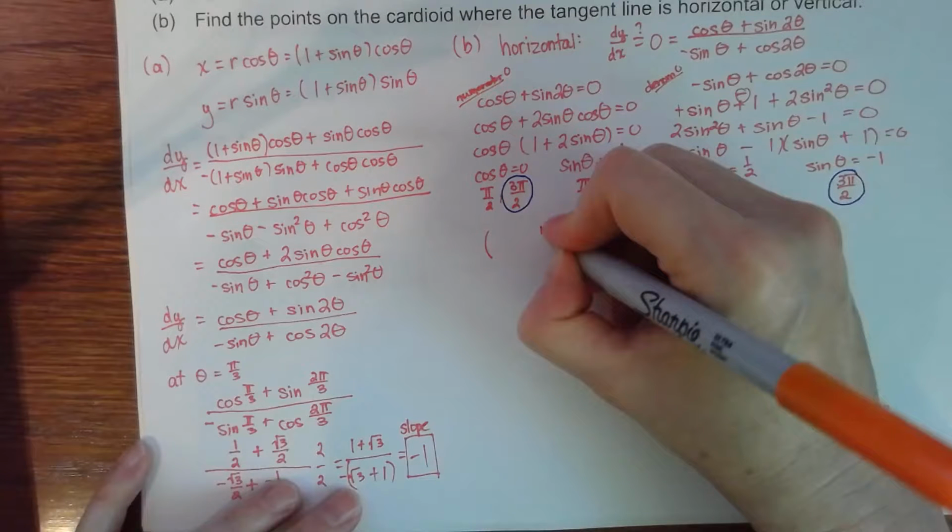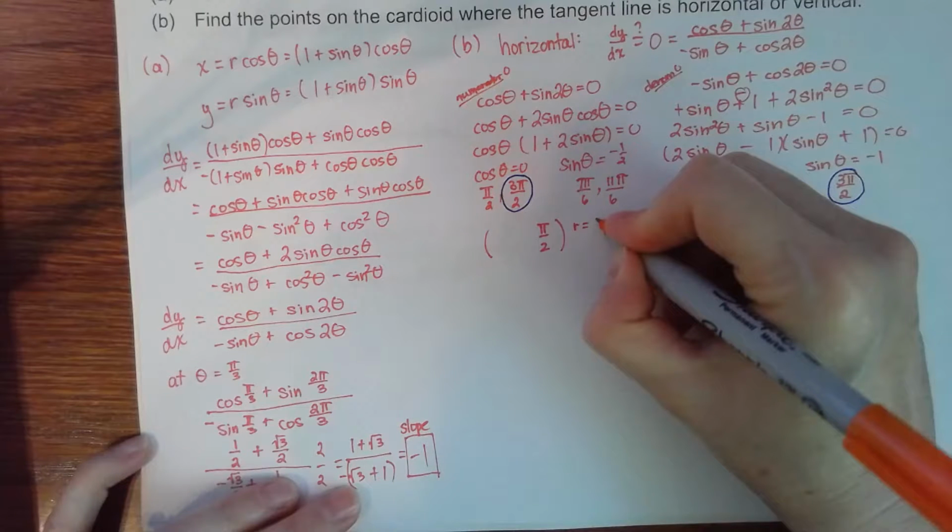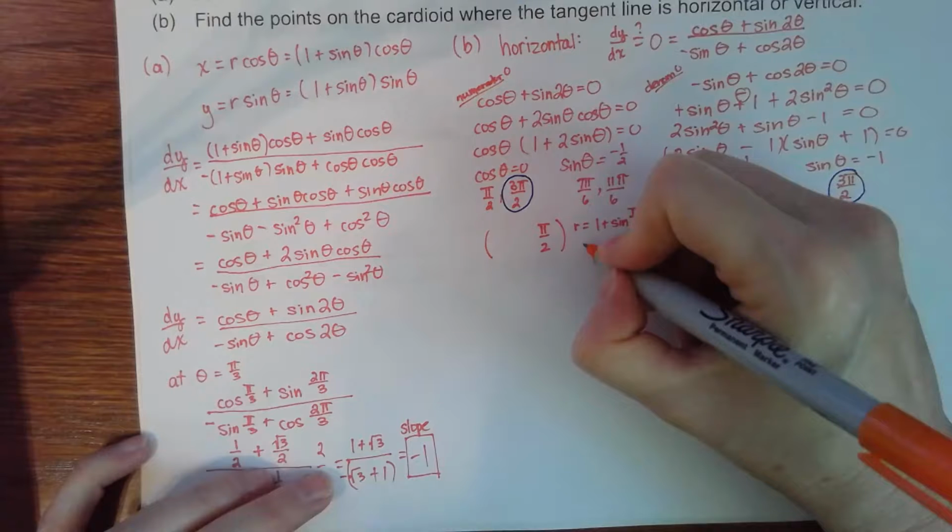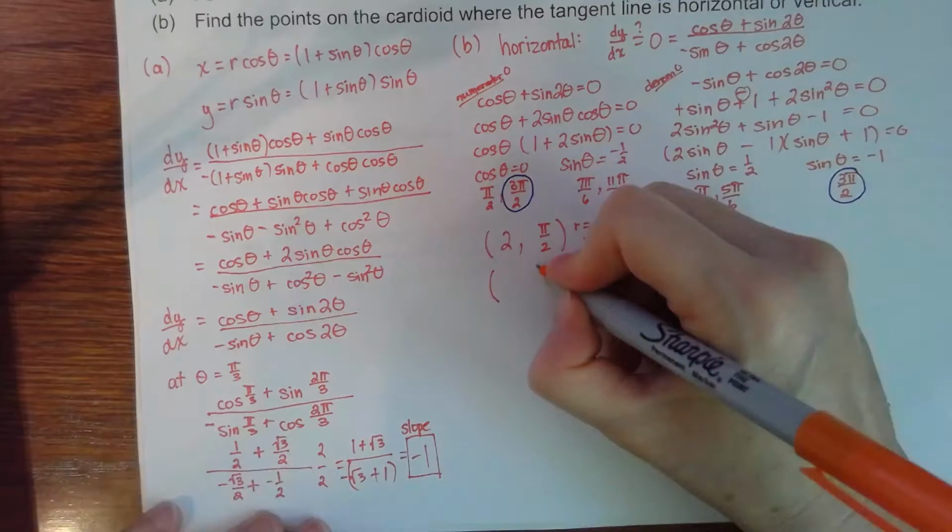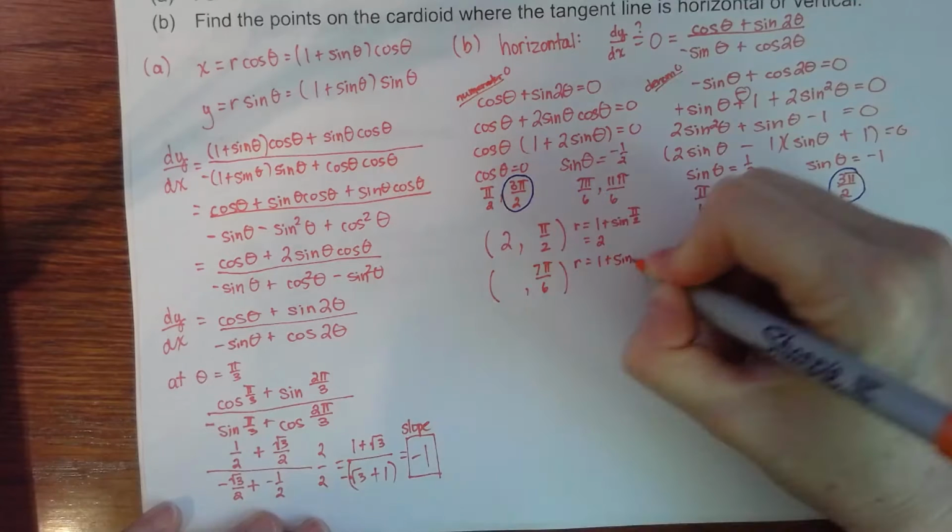When we put in pi over 2 for theta, our r value is going to be 1 plus the sine of pi over 2. The sine of pi over 2 is 1. So this is going to be 2. So that will be that point. At 7 pi over 6, the r is going to be 1 plus the sine of 7 pi over 6.